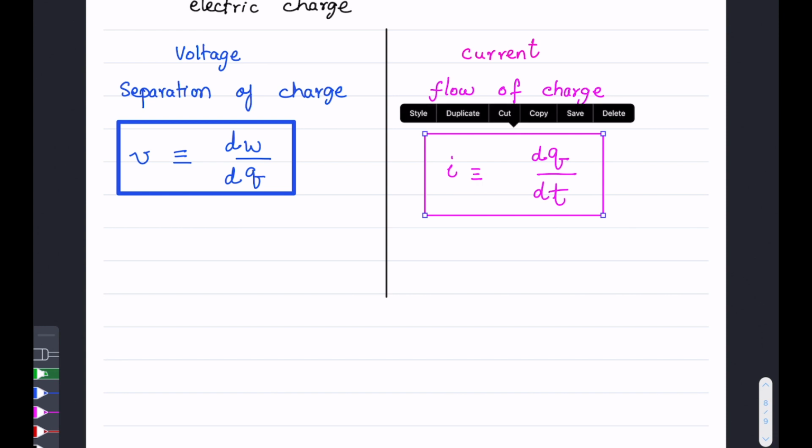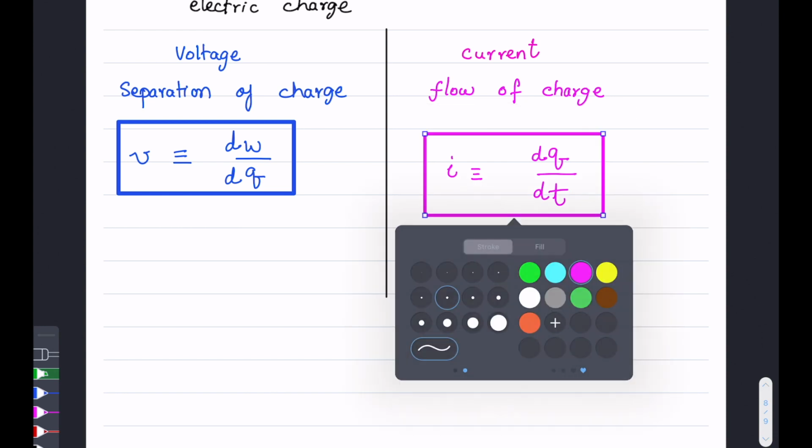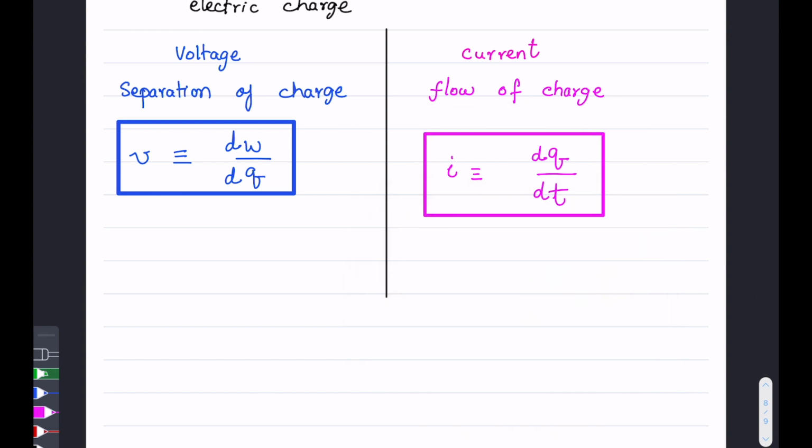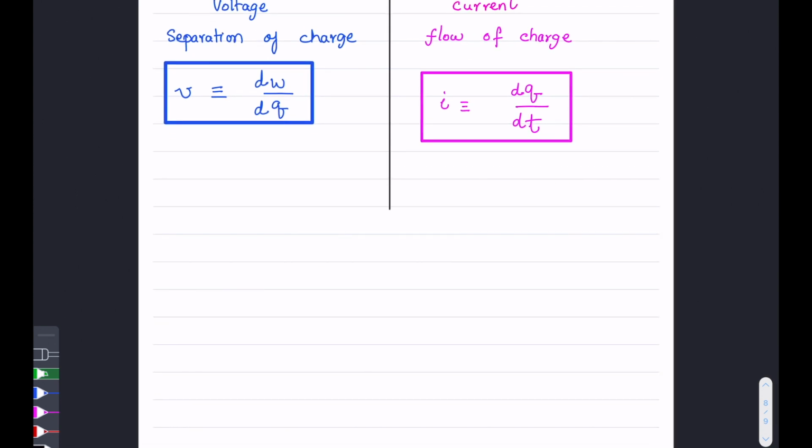Now let's define these terms really quickly. I is current in amperes. And V is potential or voltage in volts.